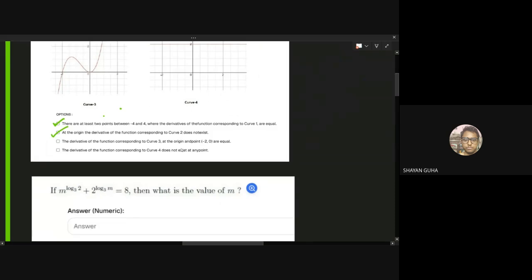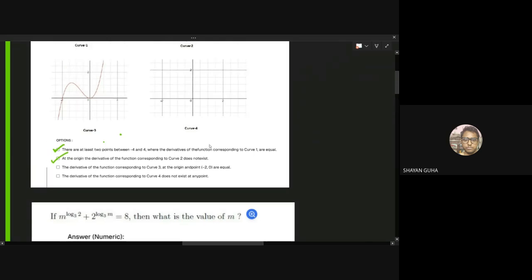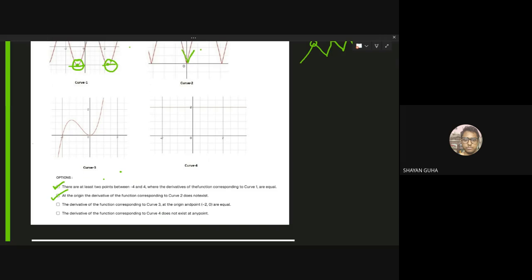Let's move on to the third question. The derivative of the function corresponding to curve 3 at the origin and at the point minus 2 comma 0 are equal. So this is the point minus 2 comma 0. If I draw a tangent, roughly speaking, it will be like this.